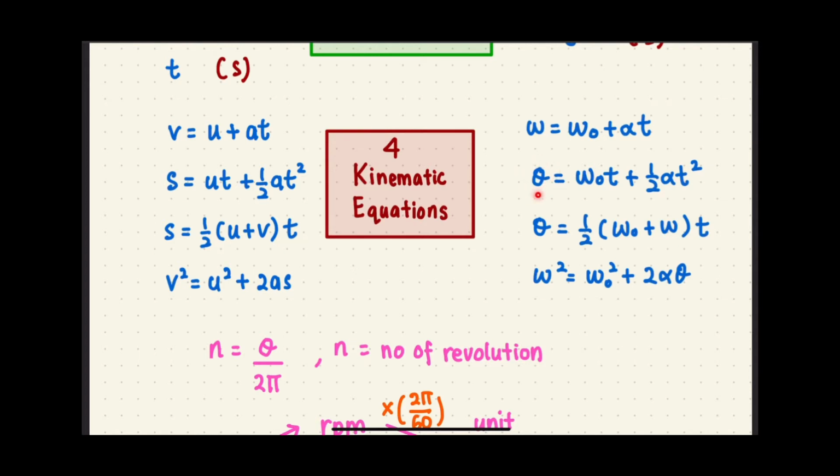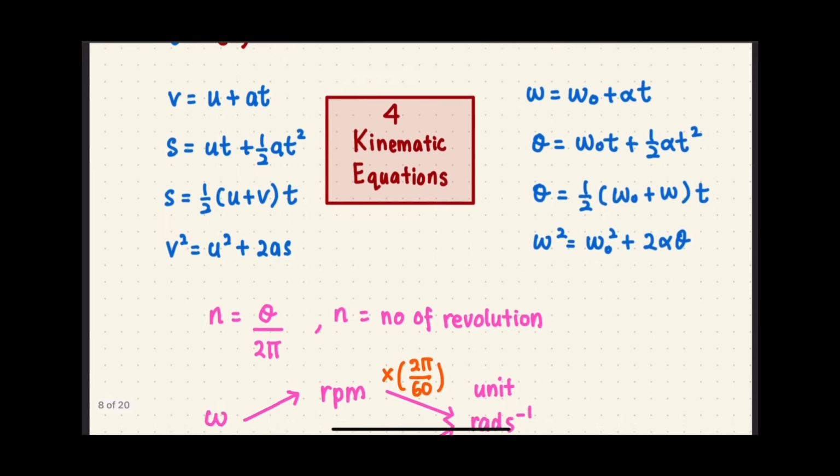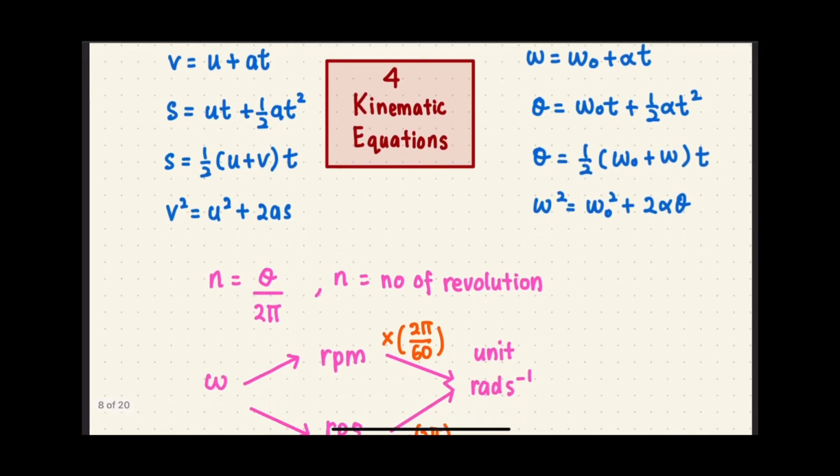Okay, so this here represents angular displacement. Because angular displacement has the unit radian, if the question asks for the number of revolutions, the formula is number of revolutions equals angular displacement divided by 1 revolution, which is 2 pi.